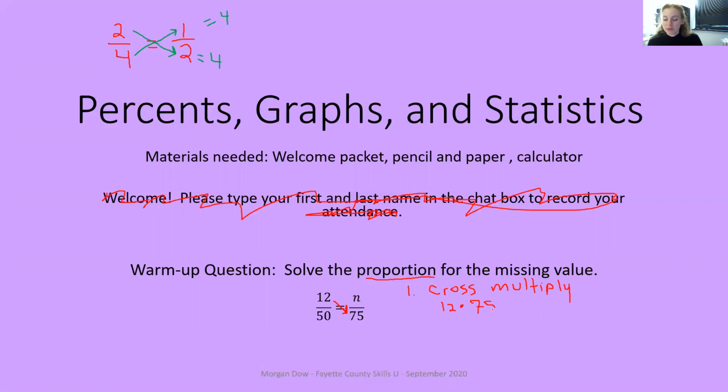What is 12 times 75 equal to? It's equal to 900. So now we know that our cross products for this proportion have to be 900.